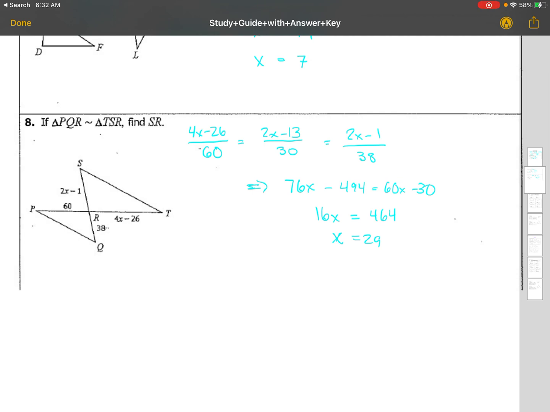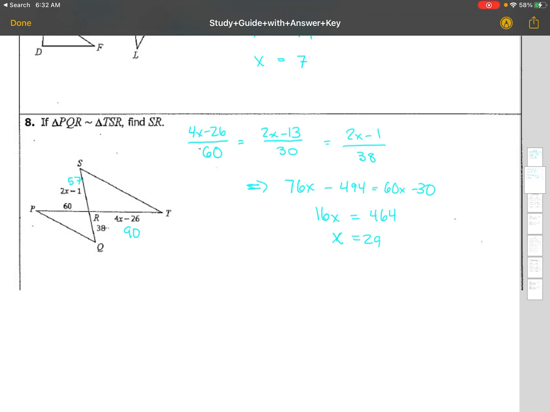If you go back and substitute in 29, 2 times 29 is 58, minus 1 is 57. 4 times 29 is 116, and minus 26 is 90.